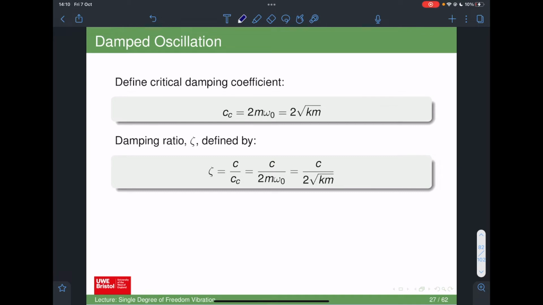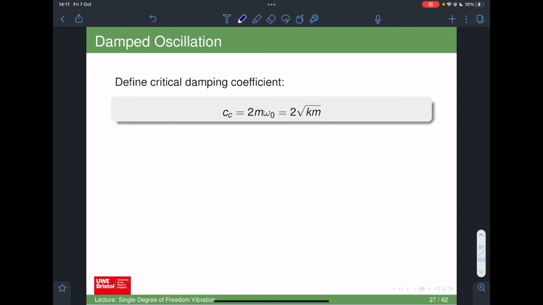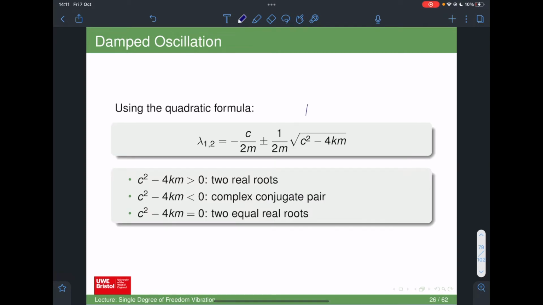So basically, if you've got critical damping, if we go back to that discriminant, 2 root mk, that's the value for the discriminant. So if c equals 2 root mk, obviously c squared is going to be 4mk, which is that. So critical damping will actually be this case here.